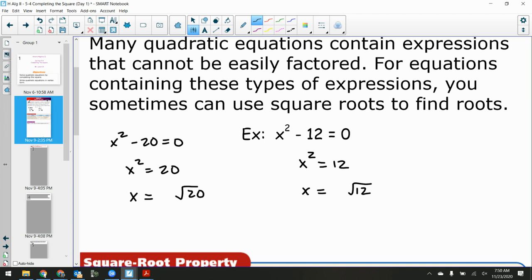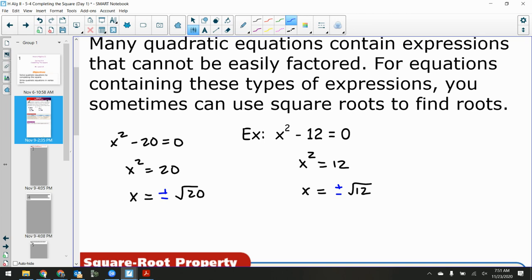Now, the whole thing here is, though, I have two different solutions. Remember, we talked about how we cross at two different locations. When you have something like this, you need to remember to put a plus or minus in the front of it. Why? Because x could be either the positive or the negative version of that number.